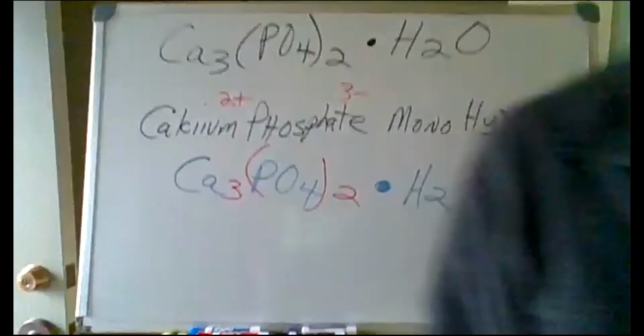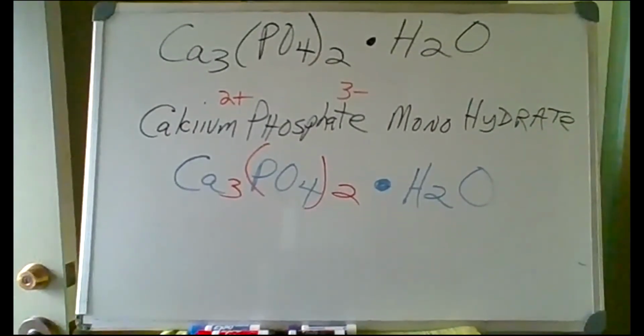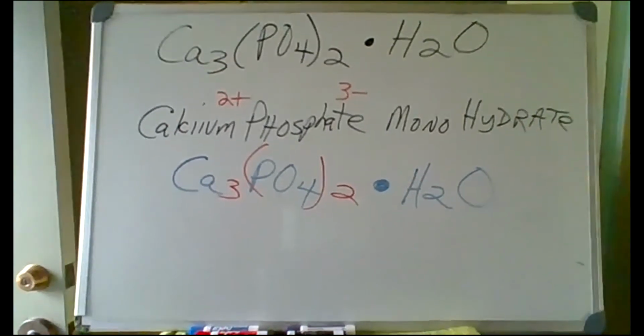Actually, I'm going to do one more. I was going to stop there, but I think we'll do one more. Does anybody have a question or comment here? I noticed in this one you used phosphate, and in the previous one you used phosphite. Is that because it's a polyatomic compound? No, they're two different polyatomic ions.